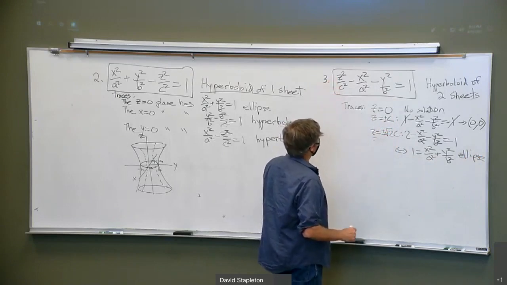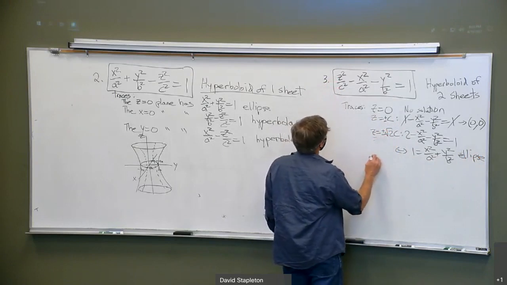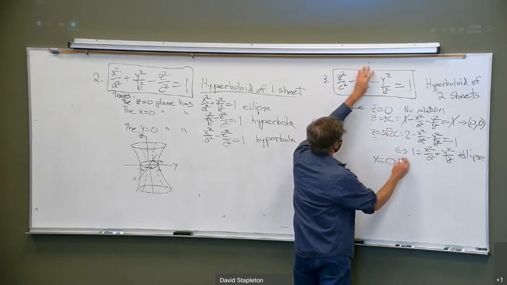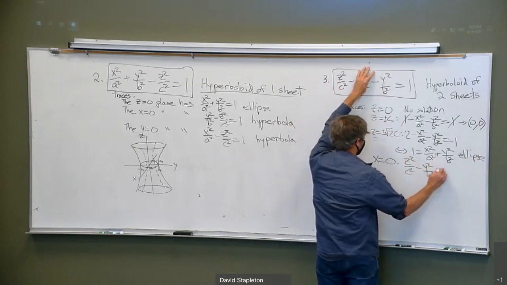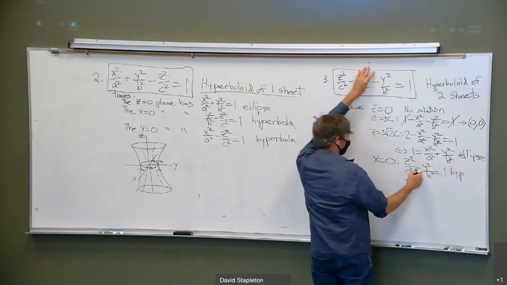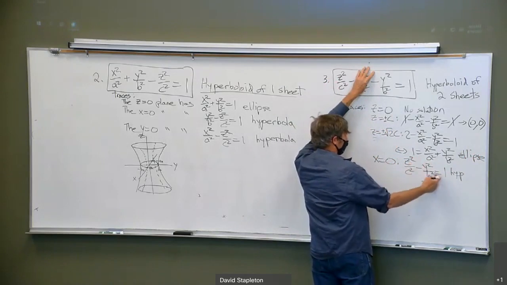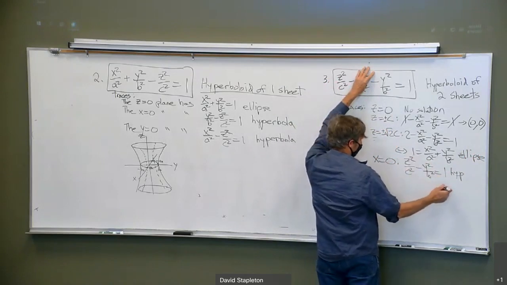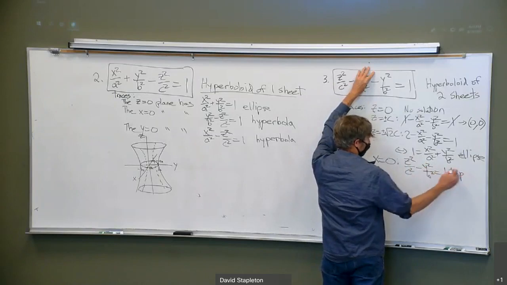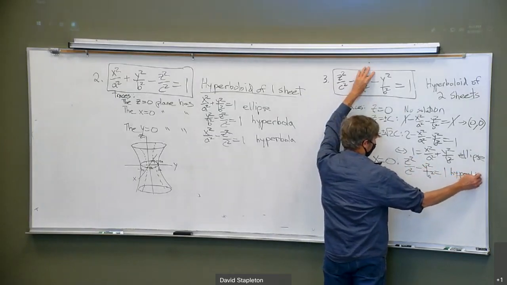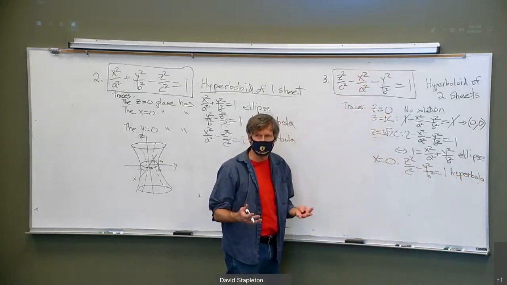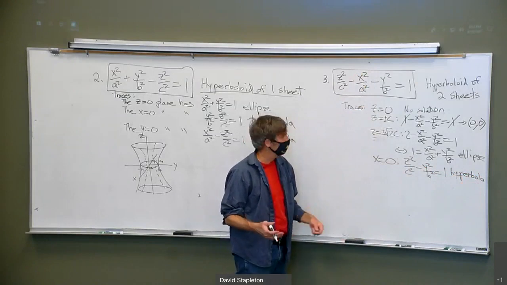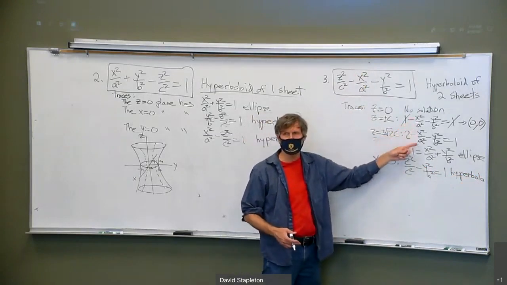Now in the other directions, if you put in the x equals 0 plane, then this falls out. You've got z squared over c squared minus y squared over b squared equals 1, which is a hyperbola. It just looks like x squared over a squared minus y squared over b squared equals 1, but in the yz plane instead of the xy plane. So what we're observing is that when we make traces of these quadric surfaces, we consistently get conic sections, or no solution, or a degenerate case.